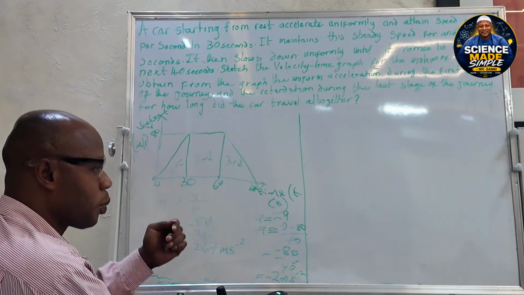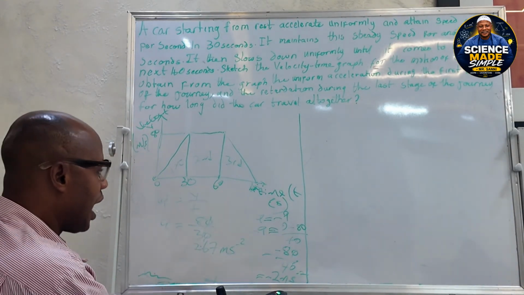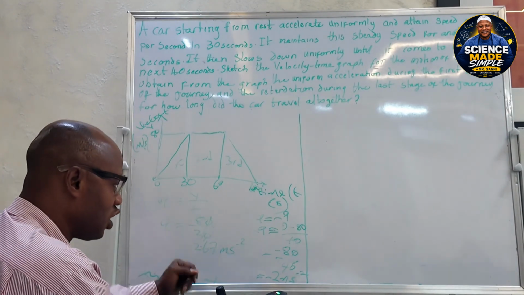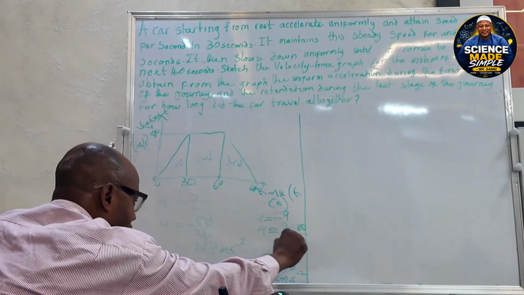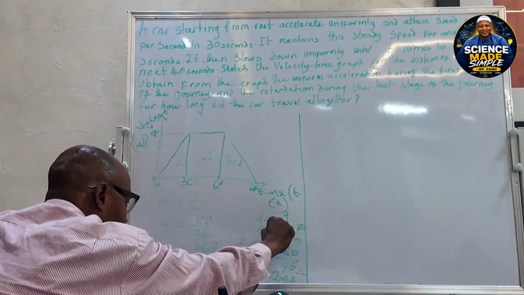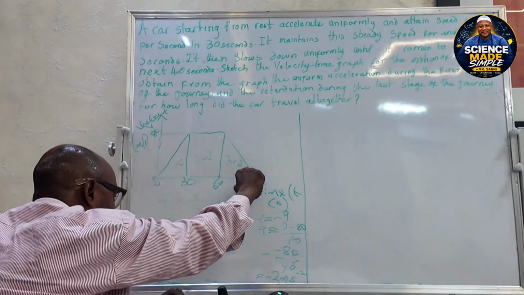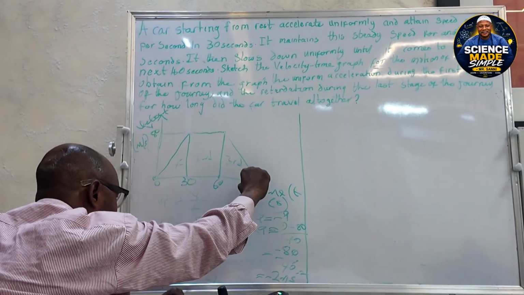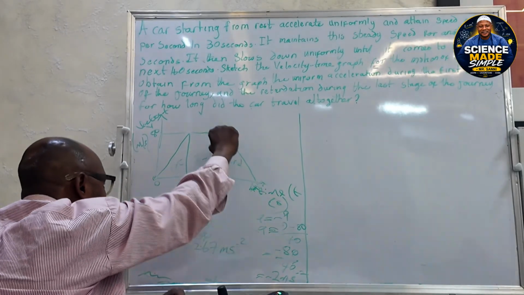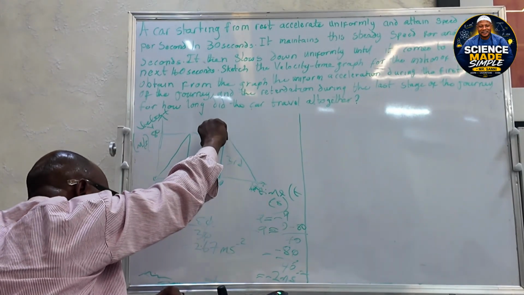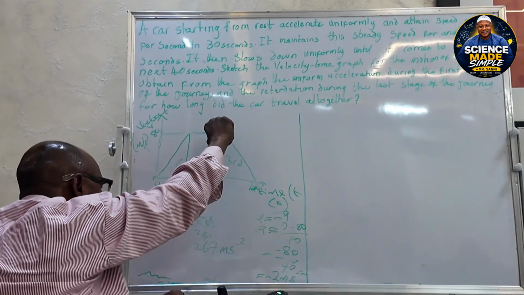Deceleration is the opposite of acceleration. Acceleration is change in velocity over time. Change in velocity here: this 0 means the final velocity, because the final velocity of the journey is 0. This one is the maximum speed of the journey.